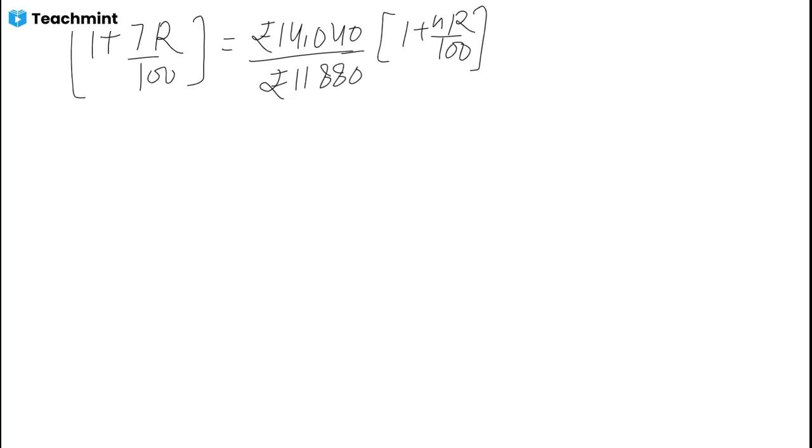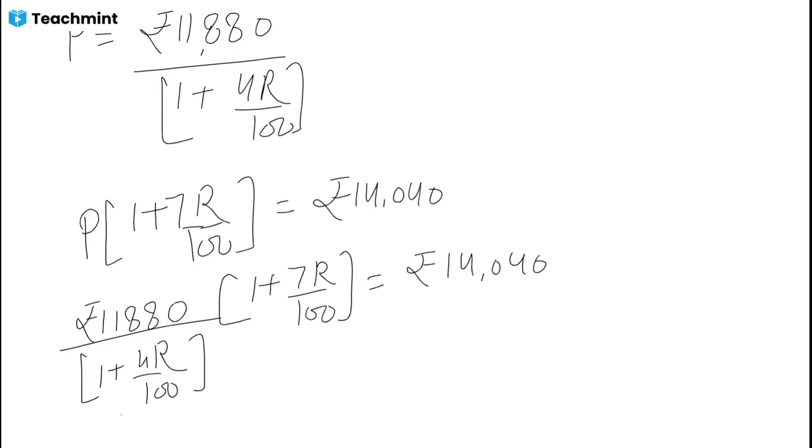Okay, 14,040 is divided by 11,880. Either you can solve by dividing this, or you can just multiply this amount inside.